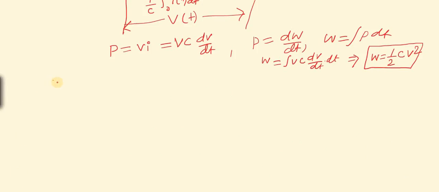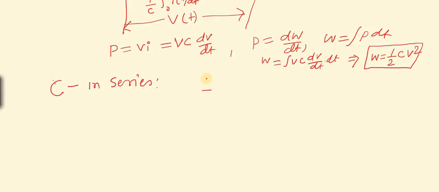Next, capacitance in series. We are not going into details about this; we simply write down the equation for series connection of capacitance. To remember the equation, it is the inverse of the equation for resistance or inductance.